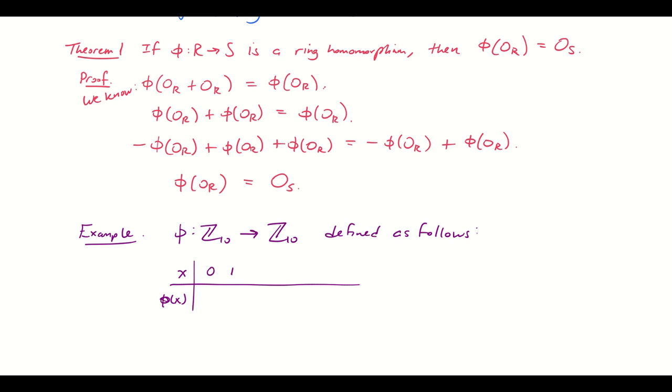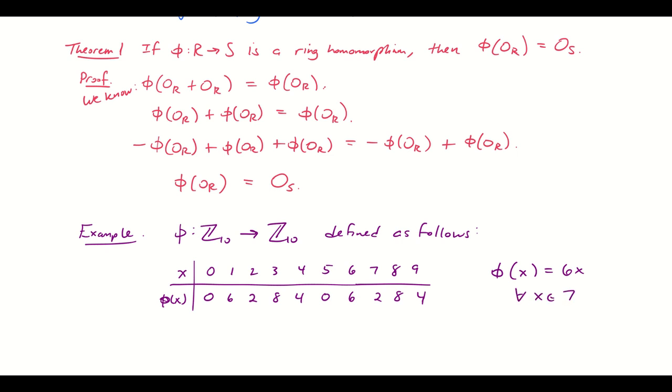So I need outputs for 0, 1, 2, 3, 4, 5, 6, 7, 8, 9, and the outputs will be 0, 6, 2, 8, 4, 0, 6, 2, 8, and 4. And I will leave you to verify that this actually does give us a ring homomorphism. We know that it will define at least an additive homomorphism because all we're doing is taking every element of Z mod 10 and multiplying it by 6. This is really the map phi of x equals 6x for all x in Z mod 10.